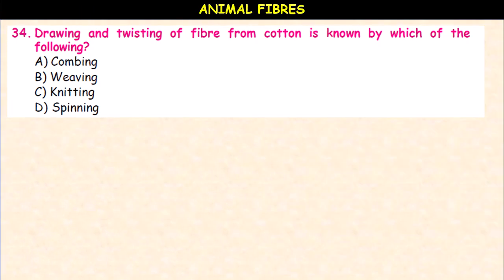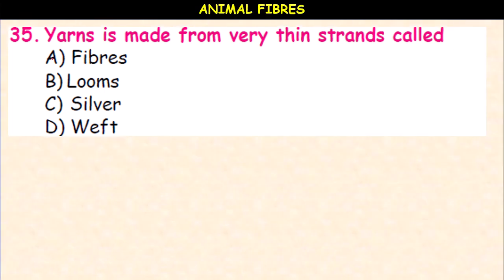Drawing and twisting of fiber from cotton is known by which of the following processes? Combing, weaving, knitting, spinning. Spinning. Yarns are made from very thin strands called: fibers, looms, silver, weft. Fibers.